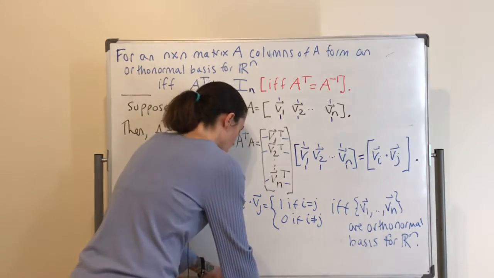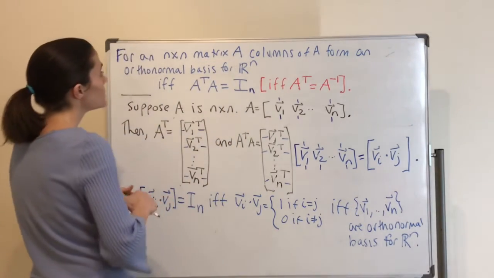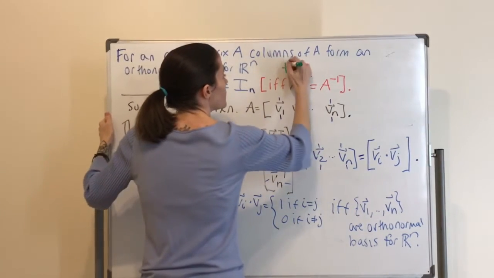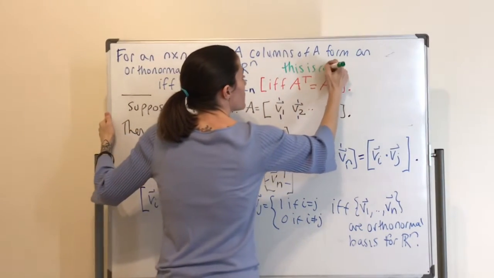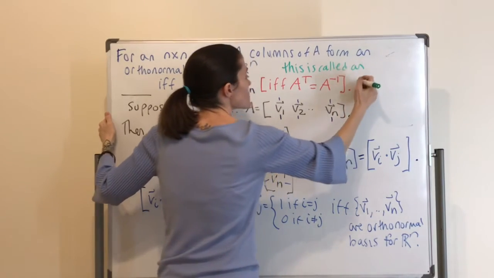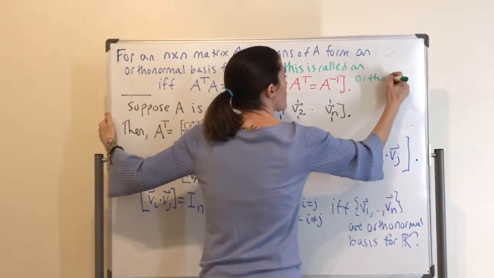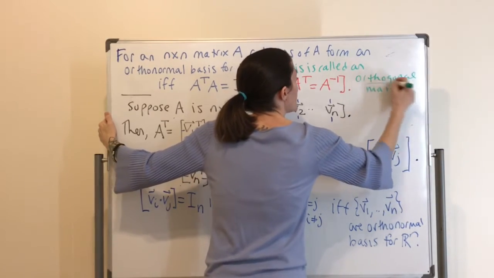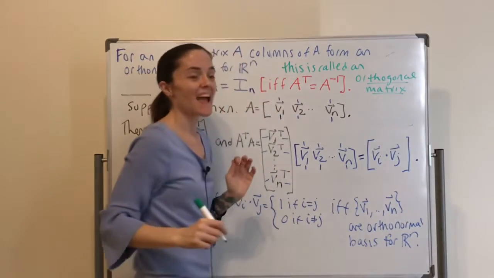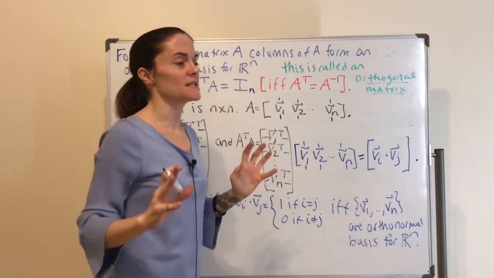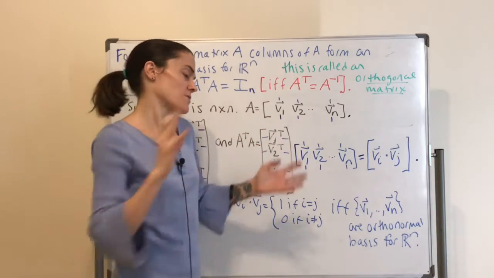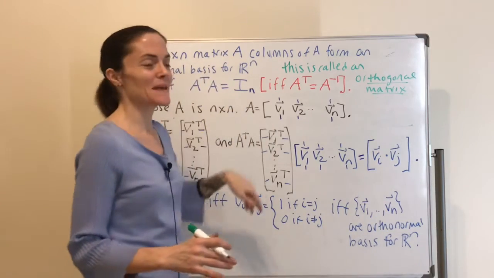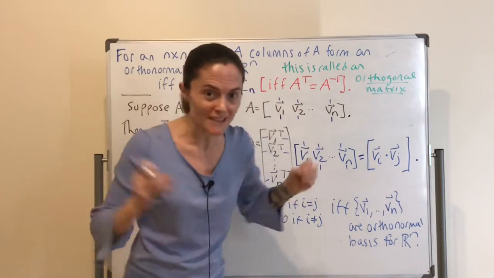Now I should add right now, this is called an orthogonal matrix, but our text uses a different definition of orthogonal, and then for a matrix, it's not that the columns form an orthonormal basis for Rn, and then proves that's equivalent to this.